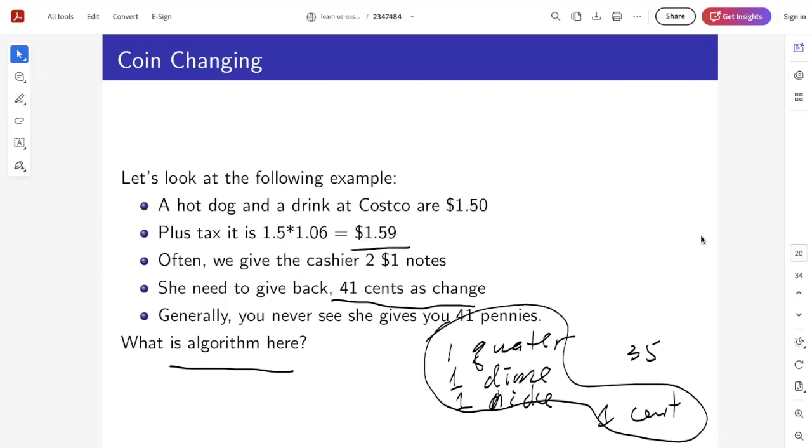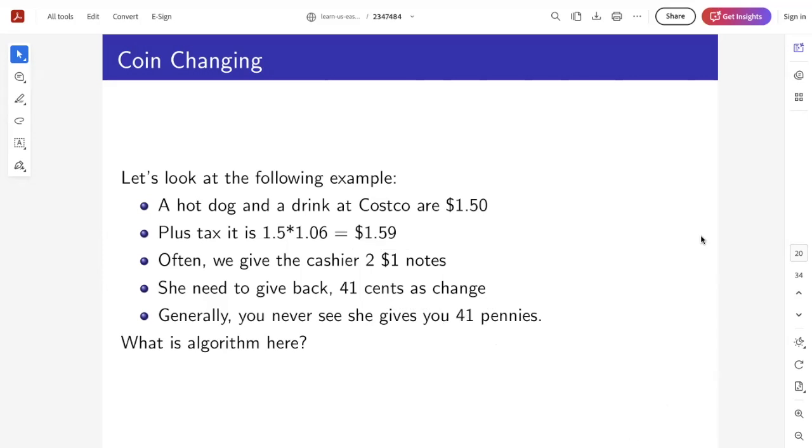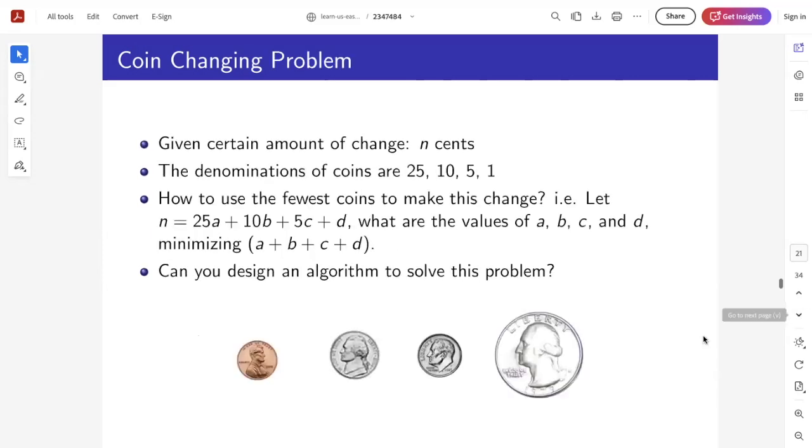So how do we figure that out? Well, we already mentioned the greedy algorithm. Now we're going to prove formally that the greedy choice works. That's how we use it all the time, but we can show formally that it works. Given a certain amount of change, let's say n cents, in our previous example, that's 41 cents. Let's say in the American system, the denominations of coins are 25 for a quarter, 10 for a dime, 5 for a nickel, and 1 cent.